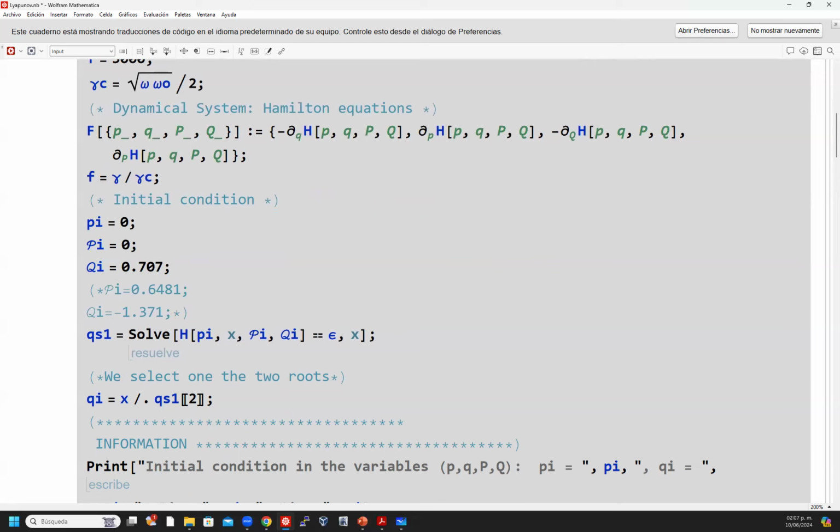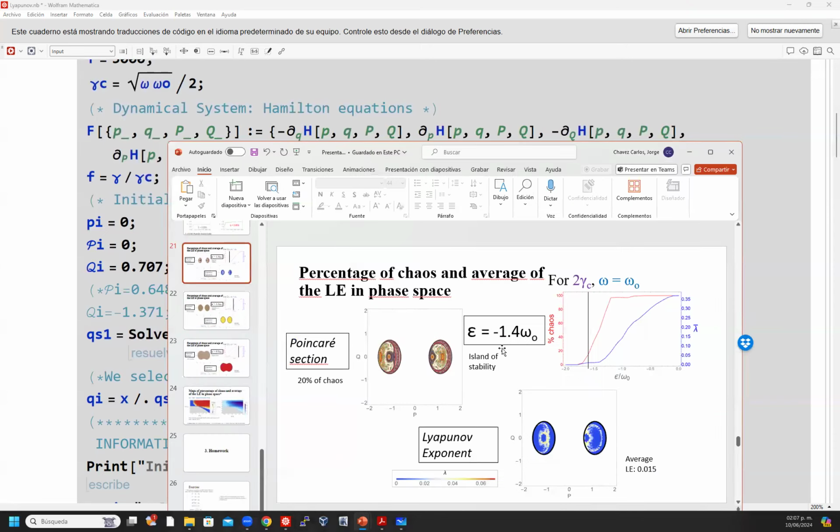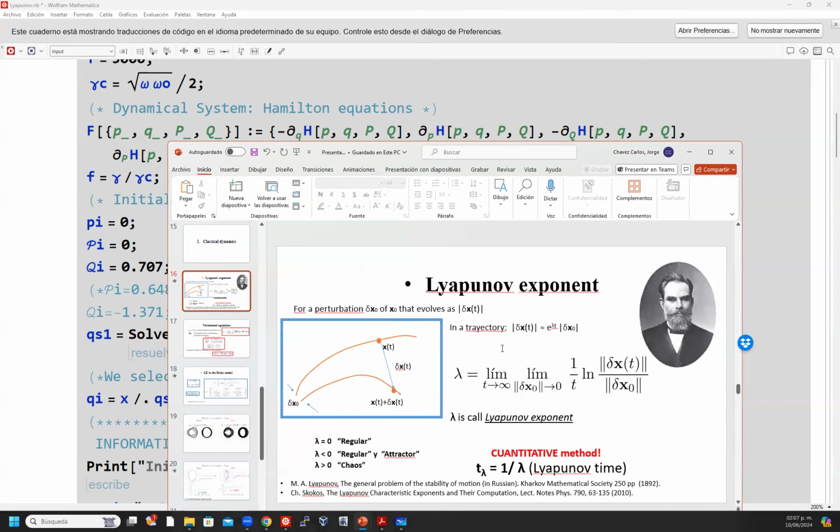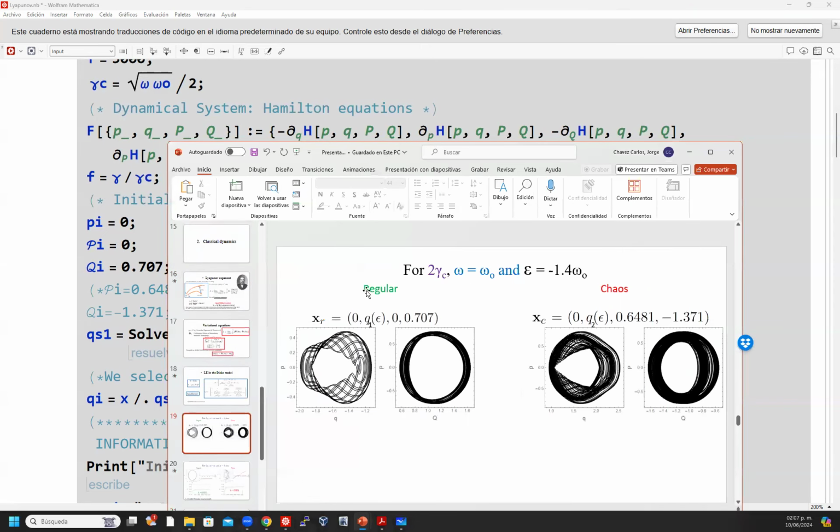Why this initial condition? Because in my presentation, I want to reproduce something that I showed before. Here, P is 0, Q is the solution of the analytical structure.